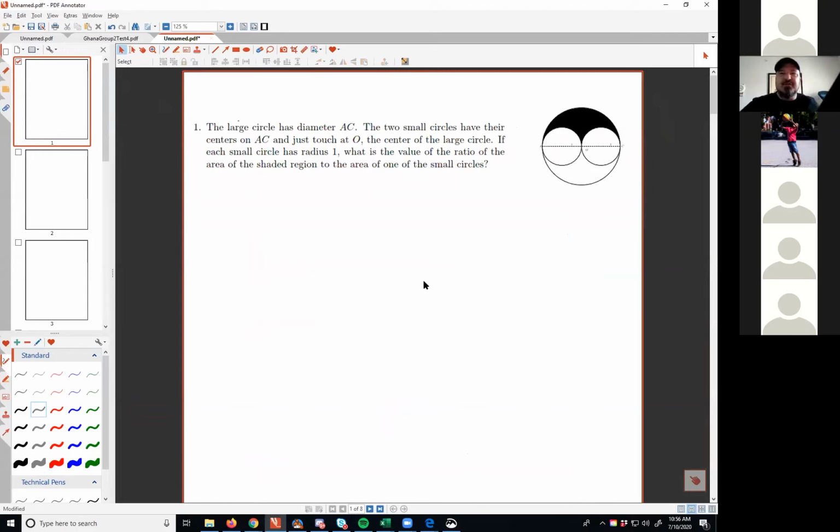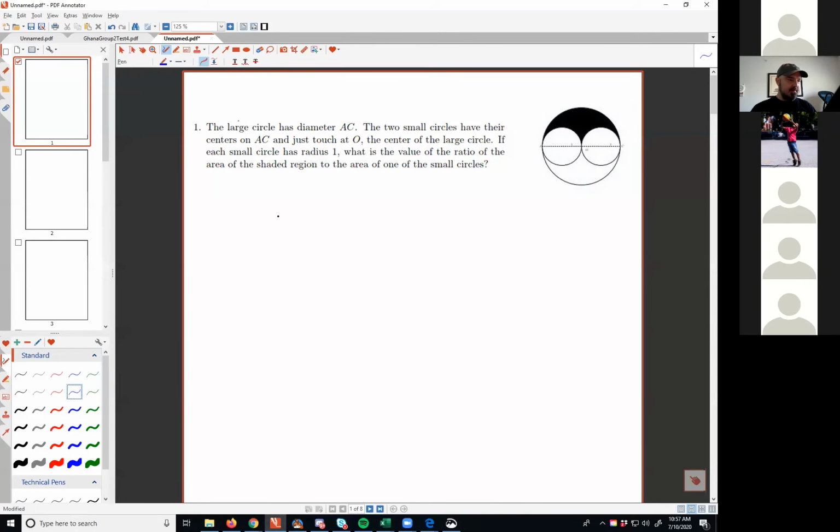That's what we call that shaded region. We have an arbelos cut out of a circle. We want to know the ratio of the shaded region to the non-shaded region that's inside those little circles. So, let's see, do we have a radius here? If each small circle has radius 1. Okay, so we have a big diameter of 2.